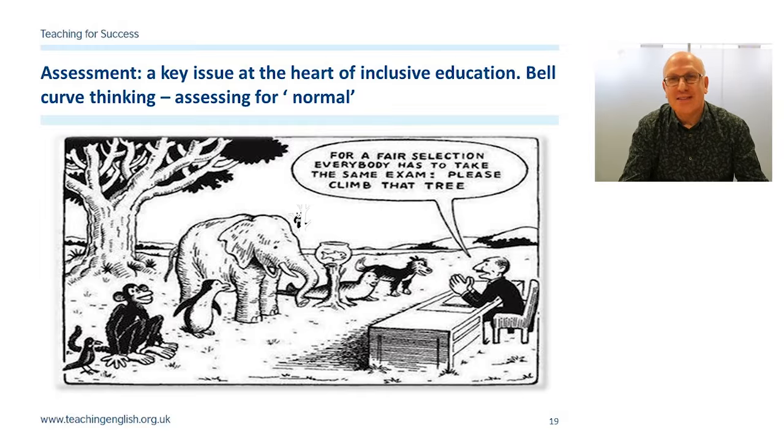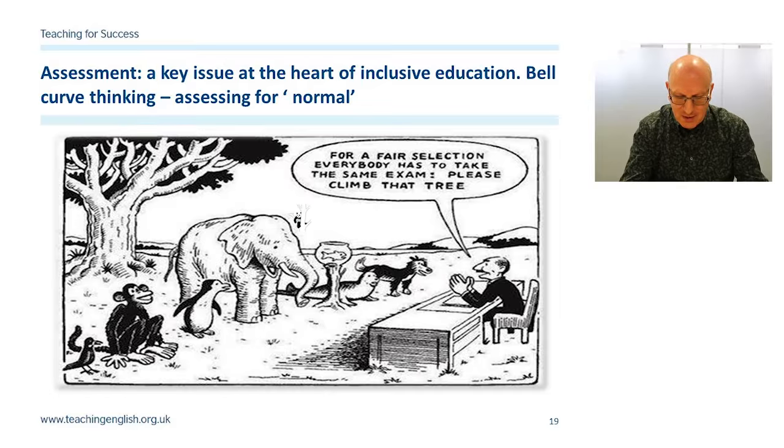So I think what we need to look at here is what we want. We're not talking about any reduction in standards. We have high aspirations for our learners, but we are working towards how we can achieve the same learning outcomes, but maybe in different ways. As has often been said, if you give a fish a task to climb a tree, it'll go through life thinking it's stupid, and I think that's important.